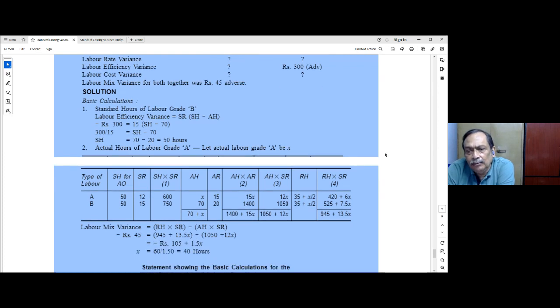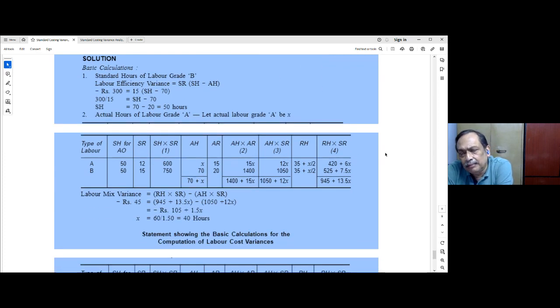Then we are going to draw the same table that we have drawn in the case when there is no idle time of laborers, that is 10 columns.